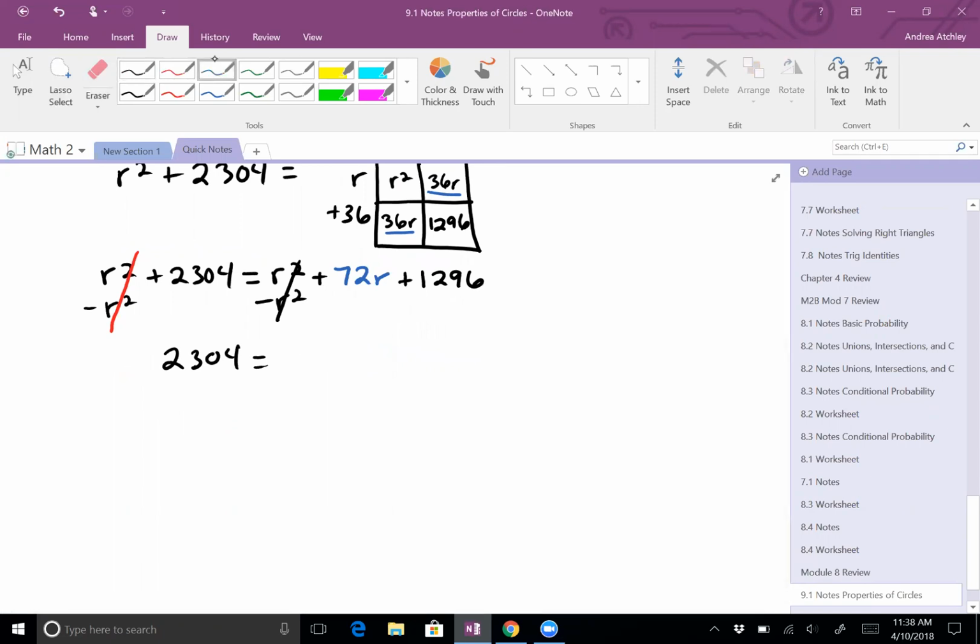So you're just getting left with the 72R plus 1,296, which makes this a very easy problem now because I just have R. I'm going to move my numbers to the same side. So I subtract the 1,296, subtract the 1,296.